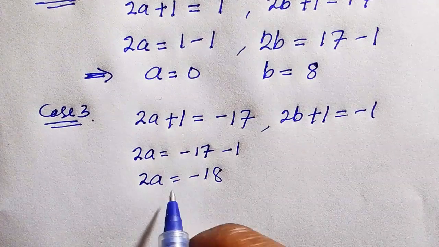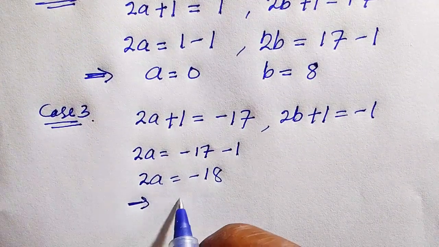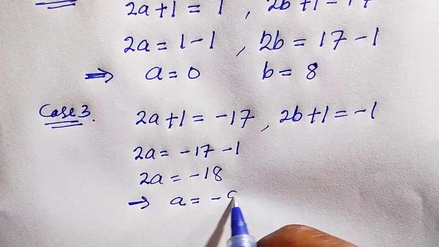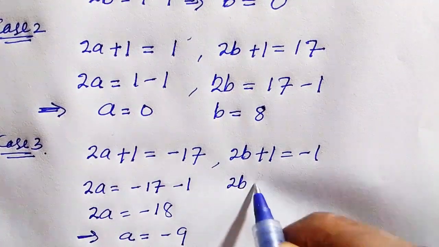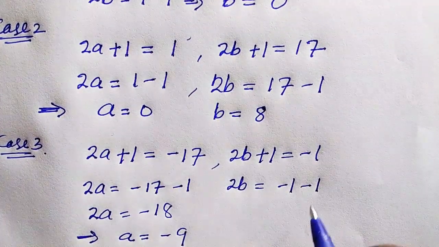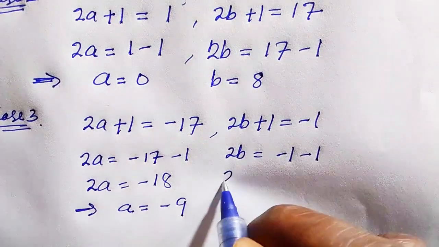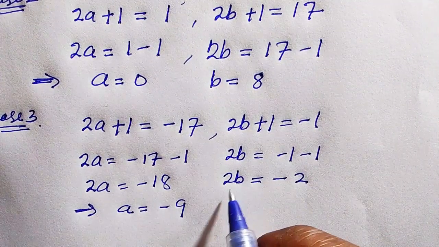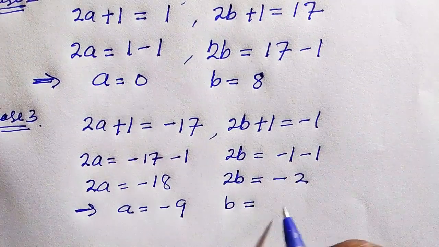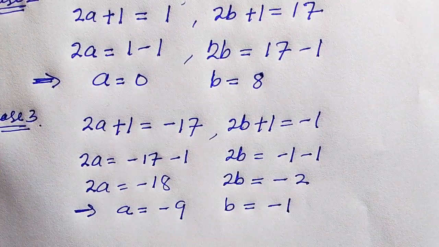When we divide both sides by 2, it implies that the value of a equals minus 9. Similarly, we have 2b equals minus 1 minus 1, then 2b equals minus 2. By dividing both sides by 2, we get b equals minus 1.